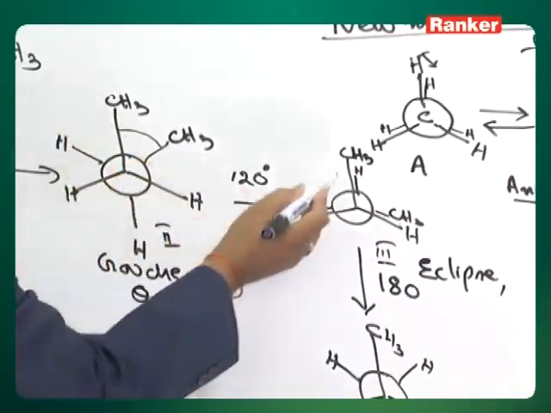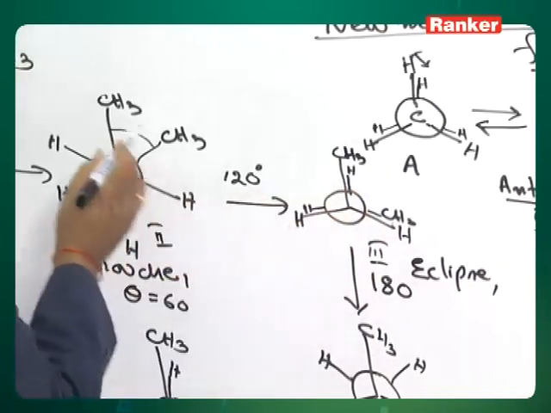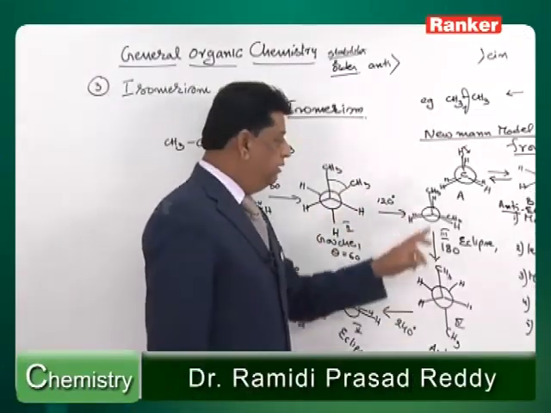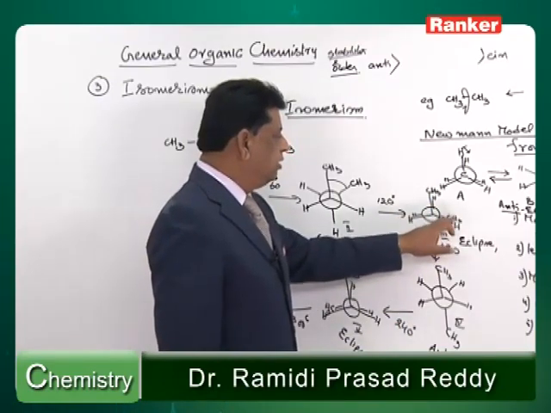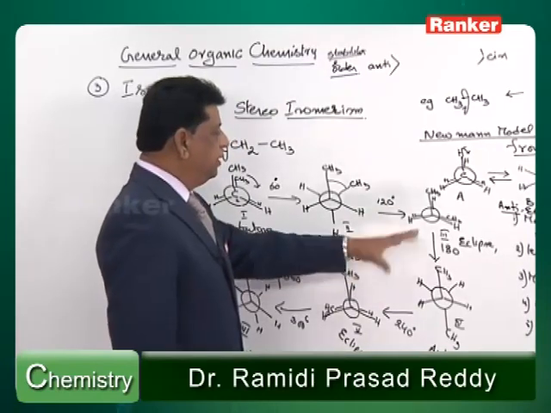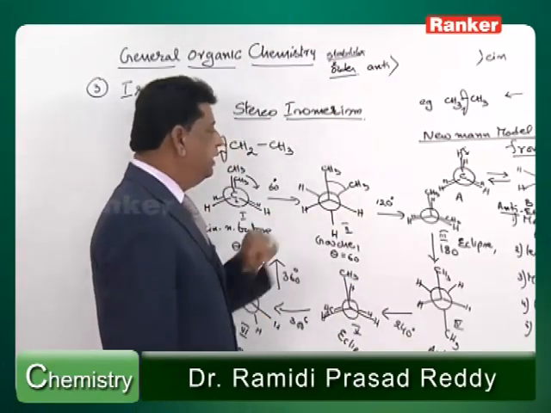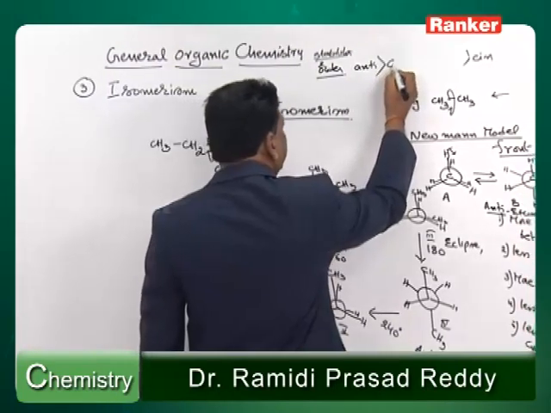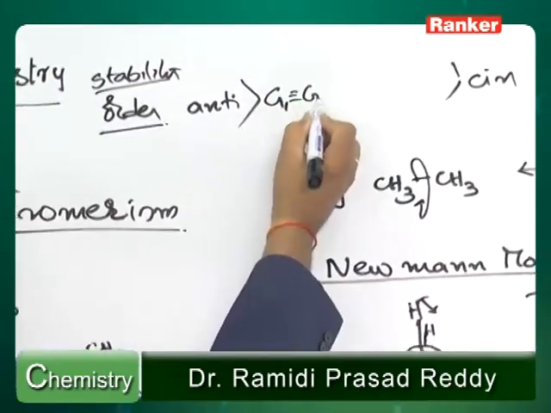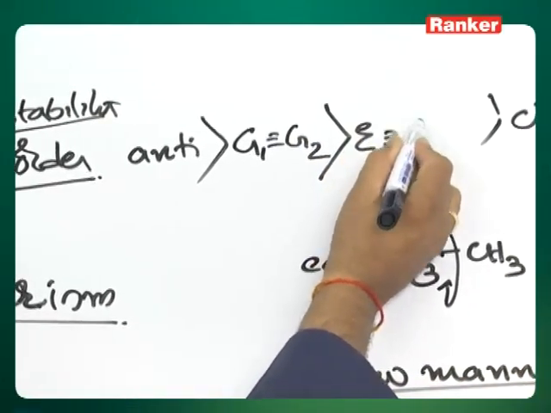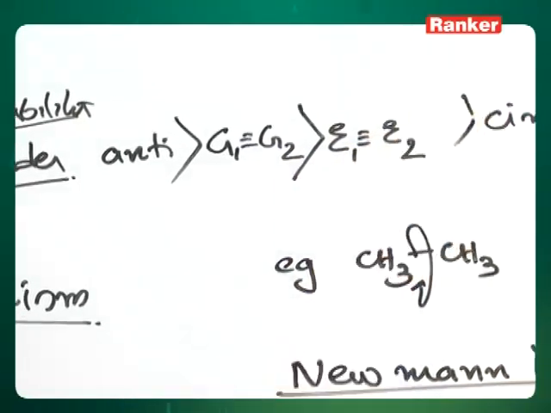But the two methyls' separation is 120 here, 60 there, so each one has got one plus point: more separation, but crowded with hydrogen. So the eclipse has one plus point, one minus point. That's why the Gauche comes first. Therefore, after anti, Gauche 1 equals Gauche 2, more stable than eclipse 1 equals eclipse 2, then the syn comes.